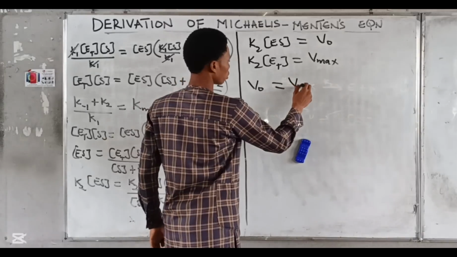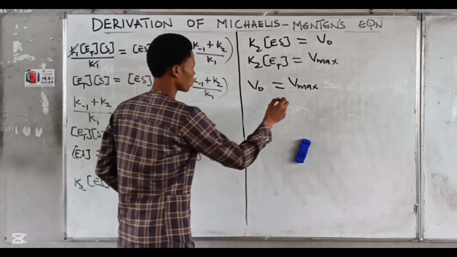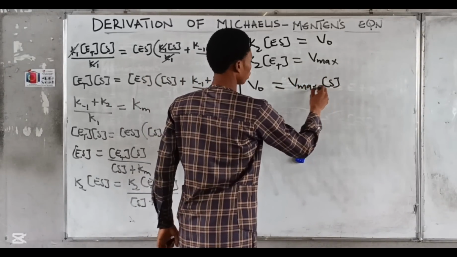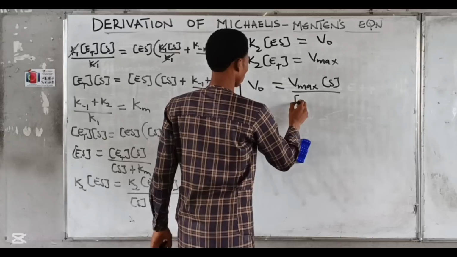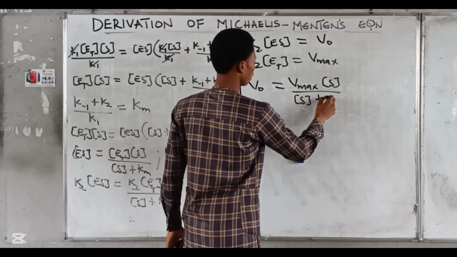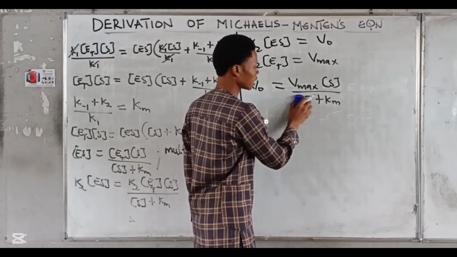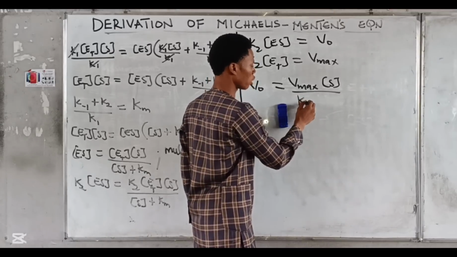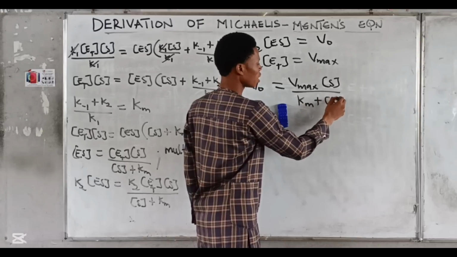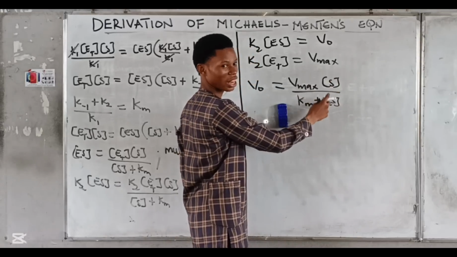So Vmax times S all over S plus Km. Or you say Km plus S. Me, I like writing Km before S so that the S will align.